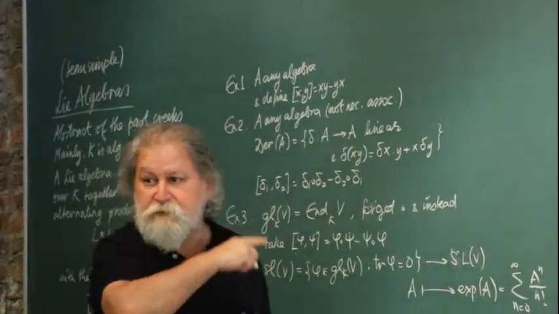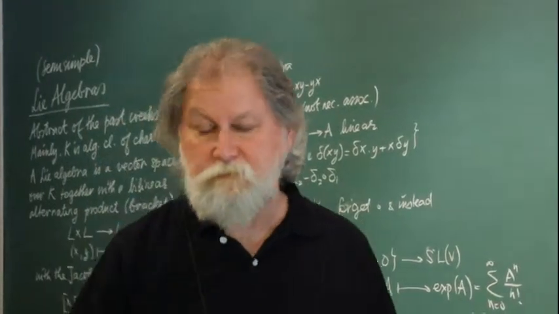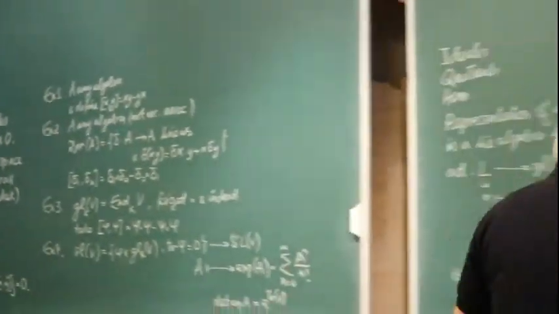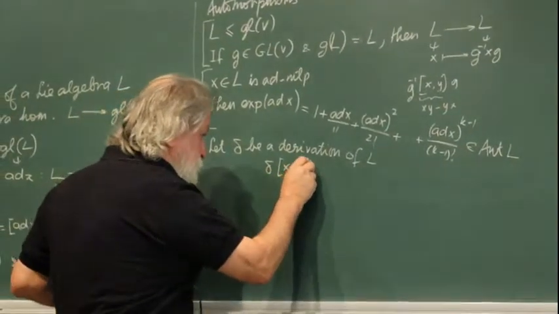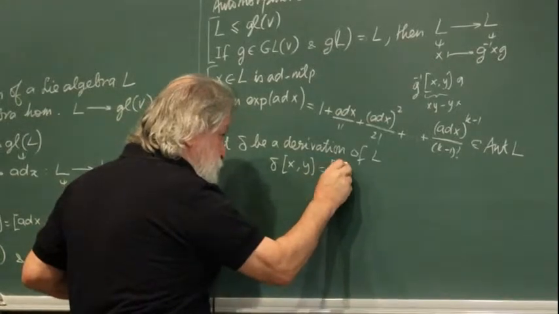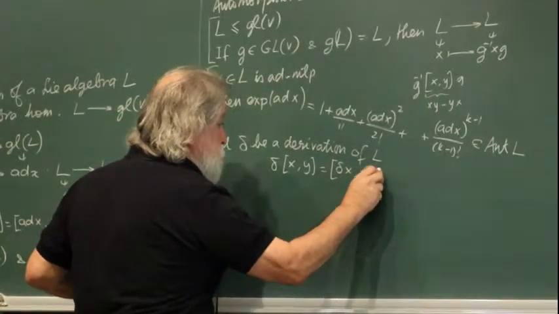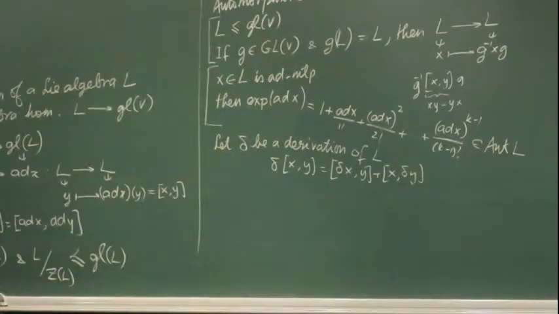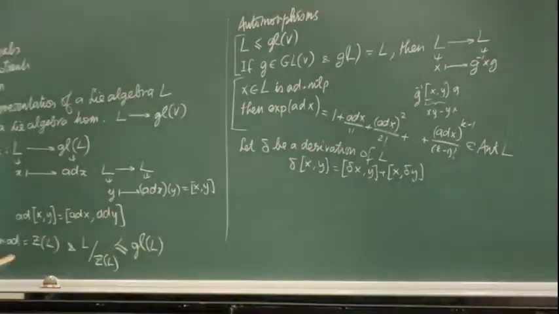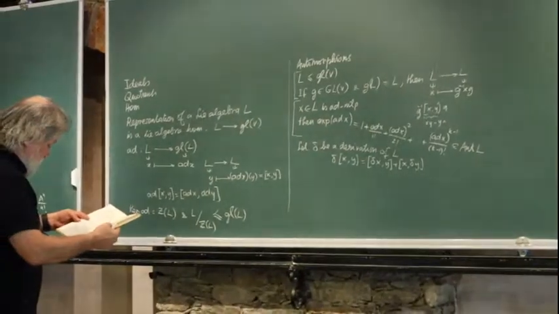Okay. So this means that delta of xy is equal to delta x times y plus x times delta y. So it means delta is linear and it has this property. If delta is a derivation, it must be nilpotent.